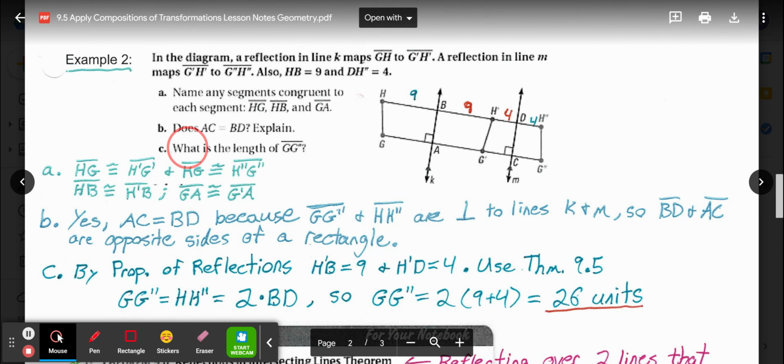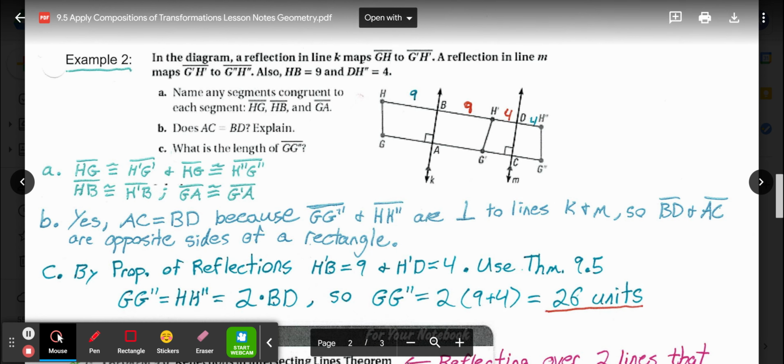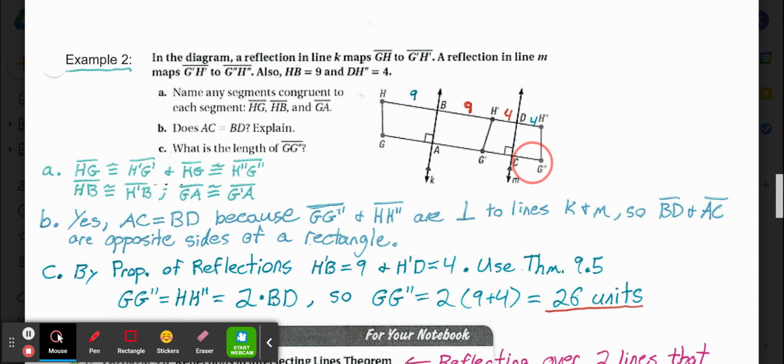Then, part C. What is the length of segment G double prime? So the length from point G to point G double prime here after our two reflections. Well, what we know is this distance is 9, and this distance then is also 9 because of reflections. So if this distance is 4, that's also 4. So if we're using then theorem 9.5, the distance between G and G double prime would be the same as H to H double prime.